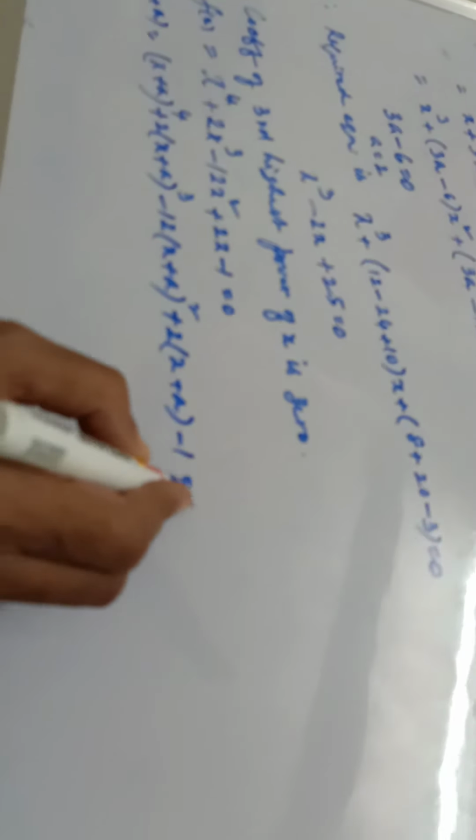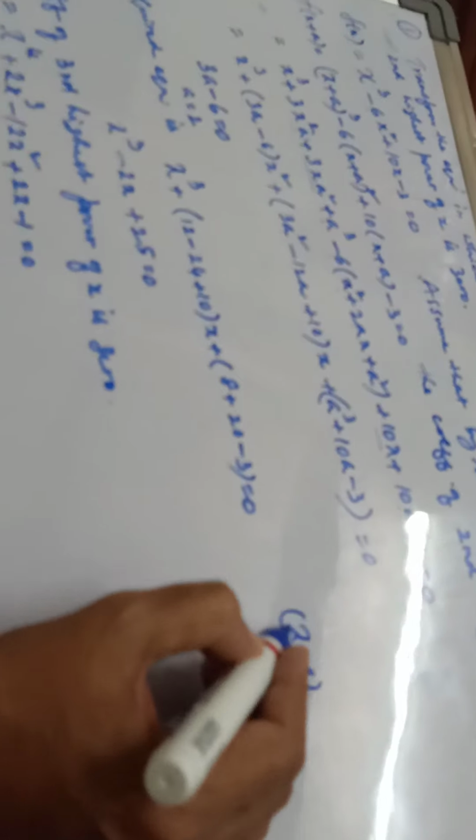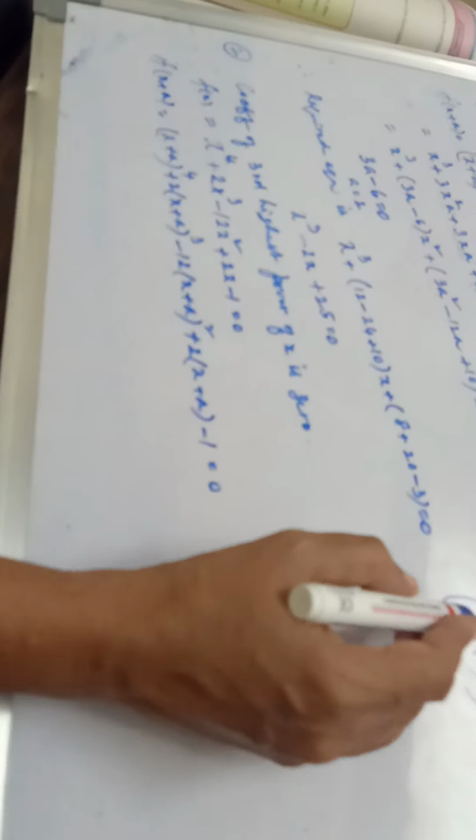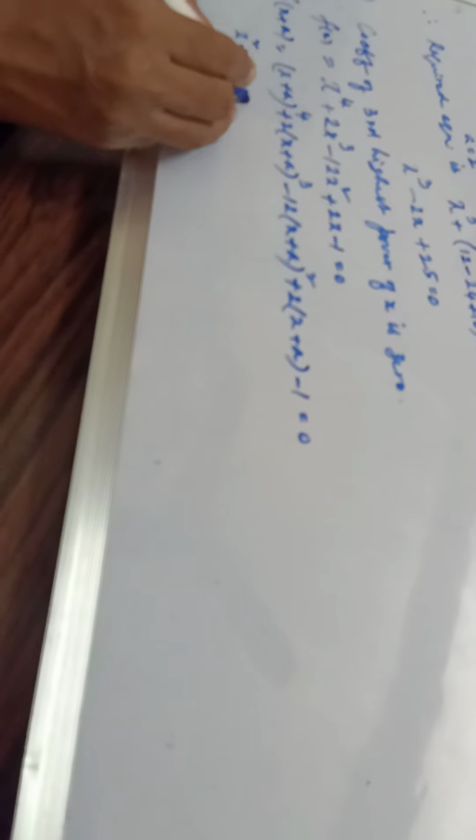See, this is a similar one, so you can work it out on the same lines. First you write x plus a whole square and again you square it, that is whole power 4. Now x plus a whole square is x square plus 2xa plus a square, whole square. 2 into x plus a whole cube, that we have already found: x cube plus 3ax square plus 3a square x plus a cube.